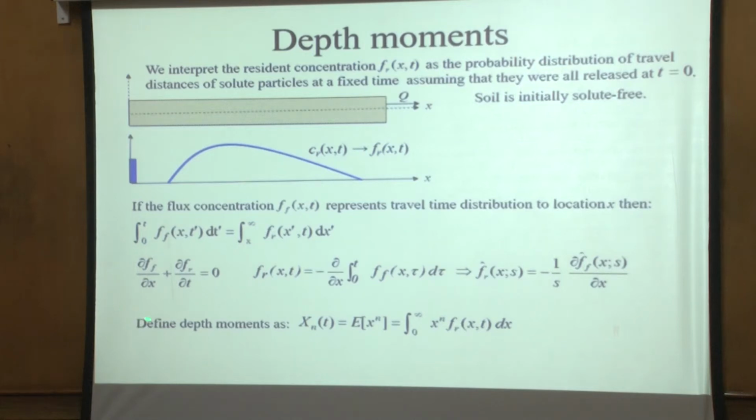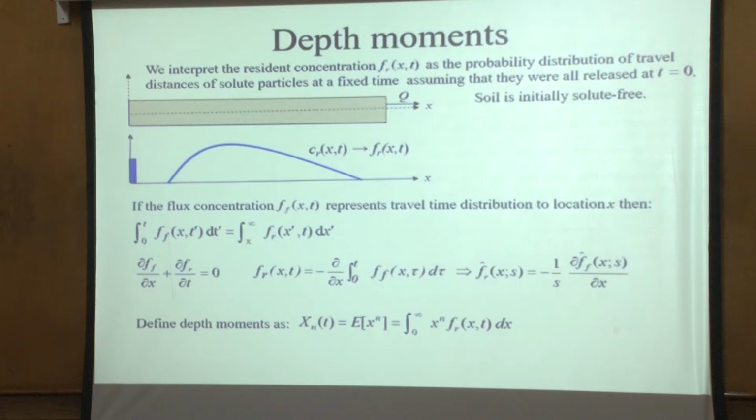I'll get this equation. What this says is the derivative of the flux PDF with respect to x plus the derivative of the resident PDF with respect to time. The flux PDF is for travel times. The resident PDF is for travel distances. So this must hold true.